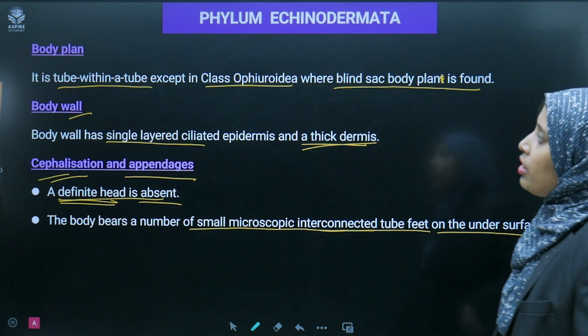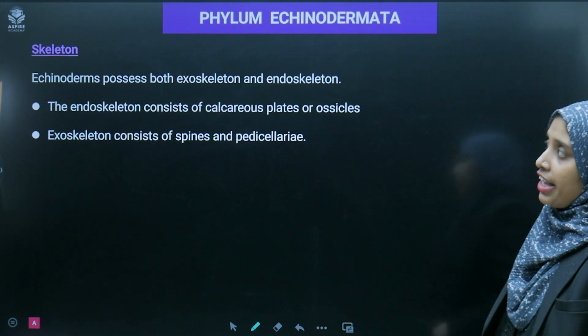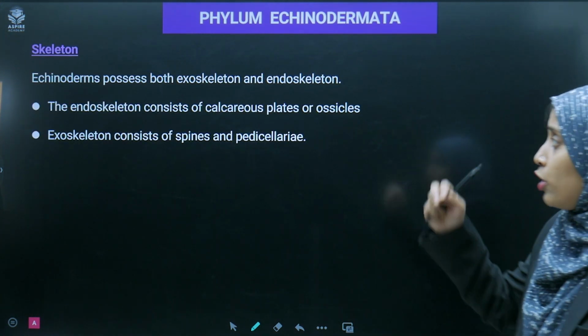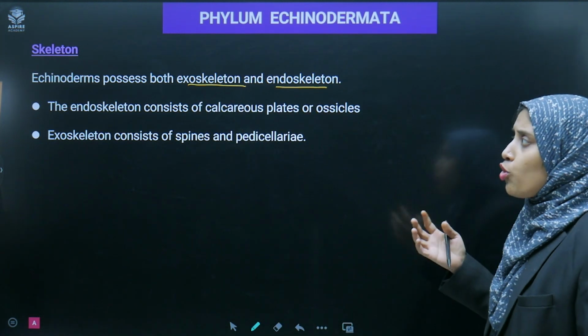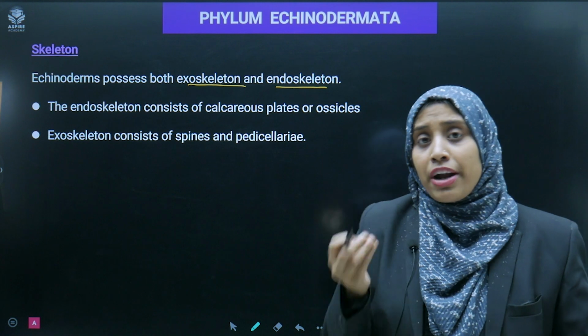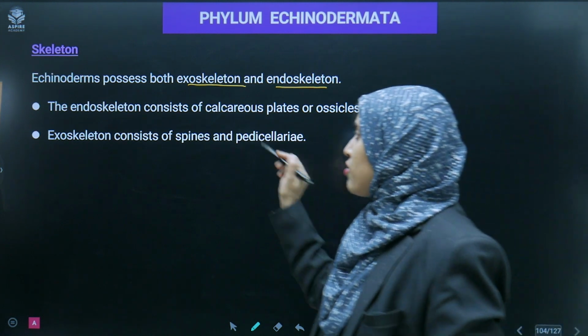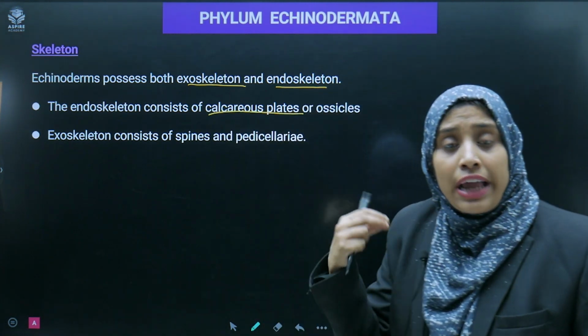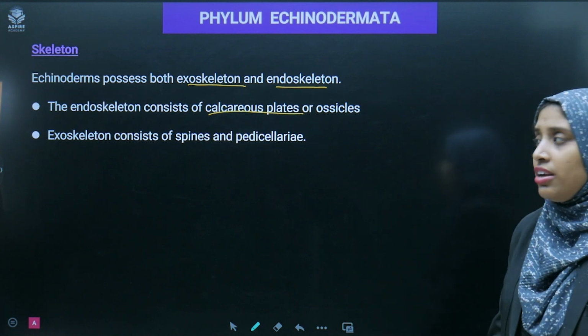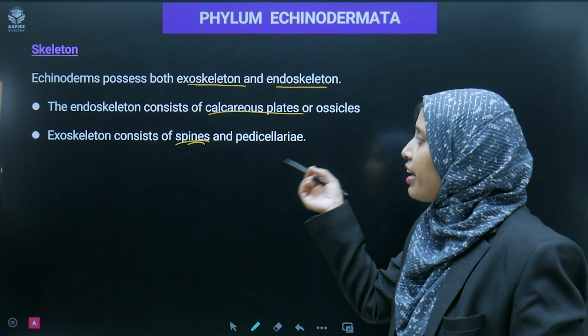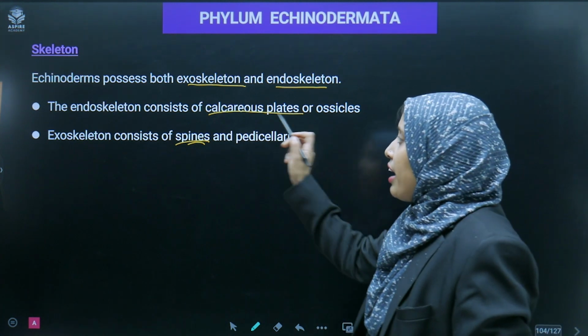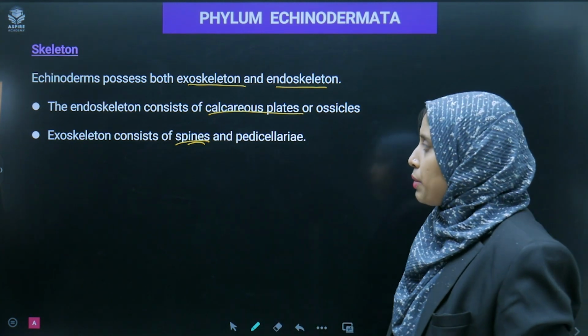Now, the skeleton. Echinoderms possess both an endoskeleton and an exoskeleton. The endoskeleton, as we saw on the first slide, consists of calcareous plates or ossicles. And in the exoskeleton, the spines serve as the exoskeleton, while the calcareous plates are the endoskeleton.